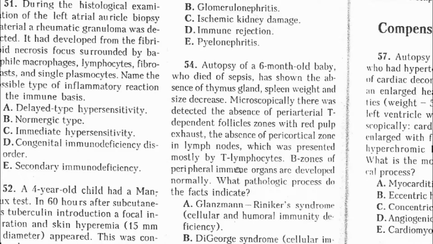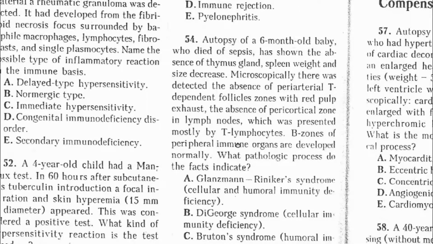54. Autopsy of a 6-month-old baby who died of sepsis has shown the absence of thymus gland. Thymus gland is responsible for T lymphocyte and lymphocyte production. Spleen weight and size decrease.